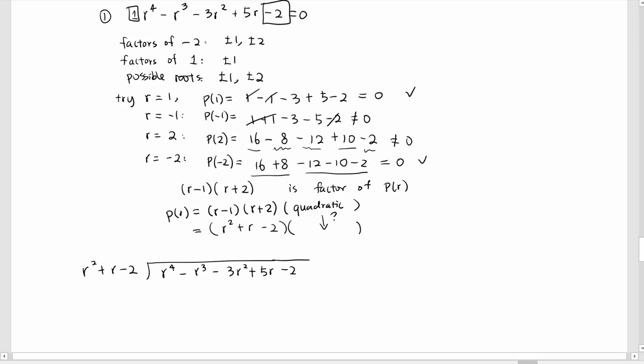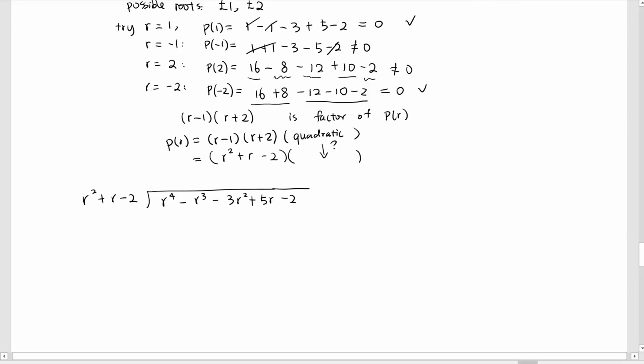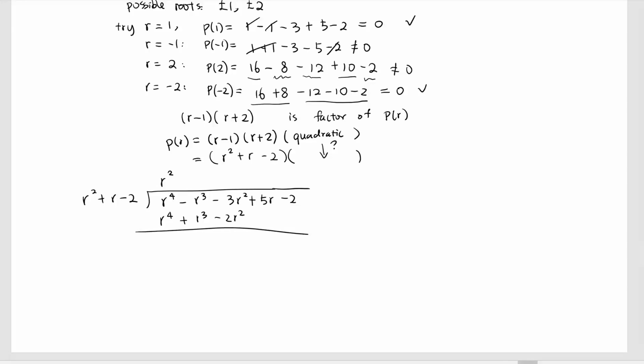I combine them and just use long division once. Okay, r squared: r to the 4 plus r cubed minus 2r squared. This subtracts to negative 2r cubed. This minus this becomes negative r squared plus 5r minus 2.